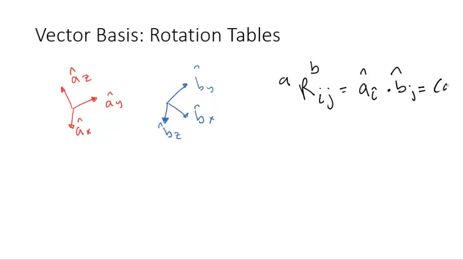This is equal to the cosine of the angle between the two unit vectors as described by the dot product.